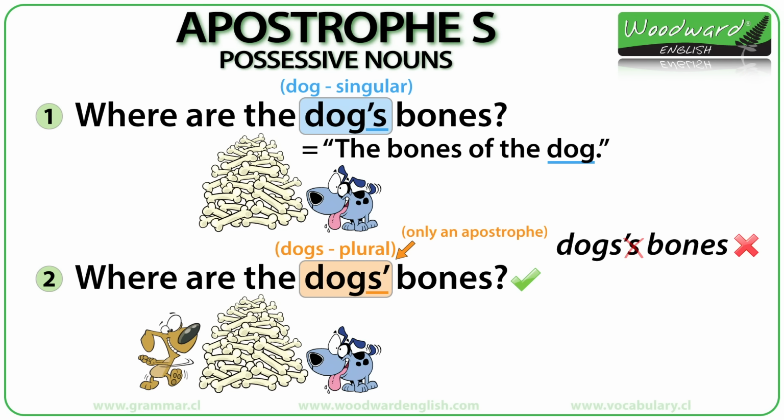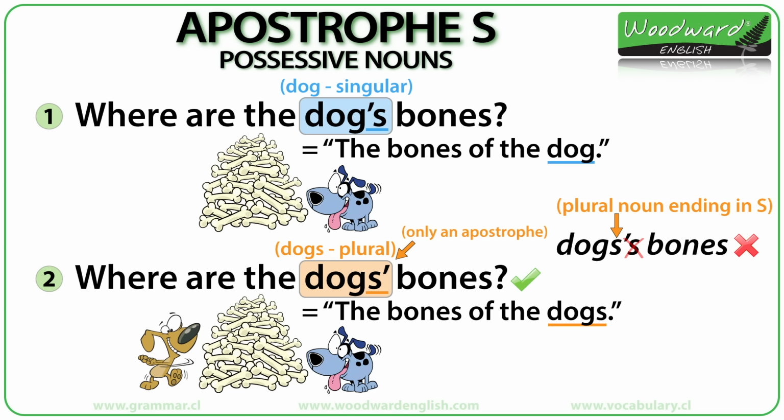No, this is not correct. We don't add an extra S after dogs, because dogs is a plural noun ending in S. Dogs' bones, with only an apostrophe after the S, means the bones of the dogs. Dogs is plural.